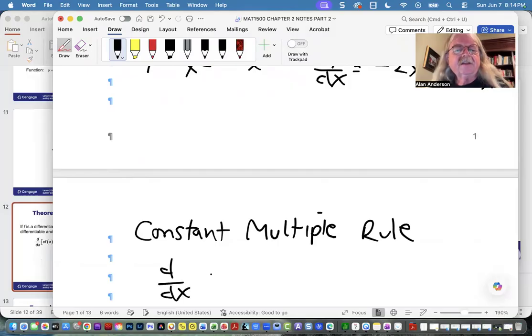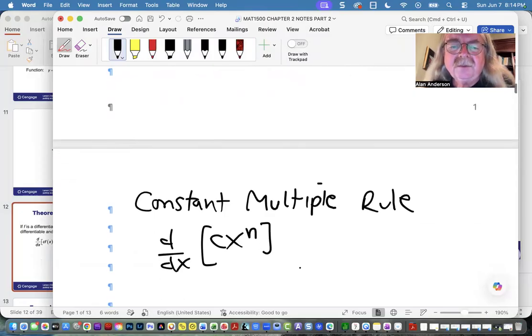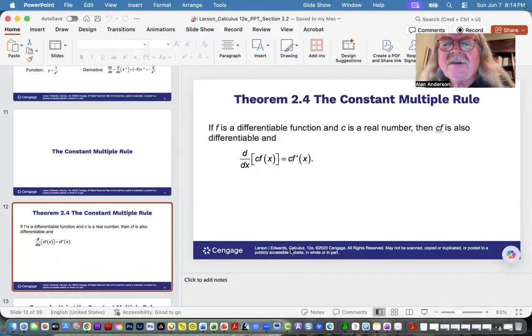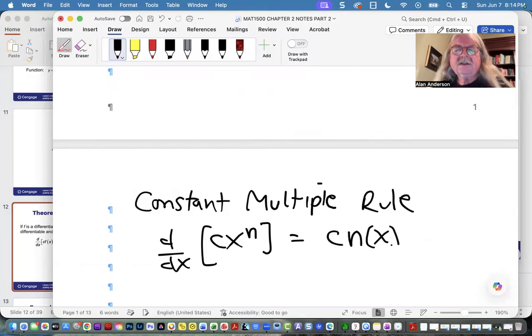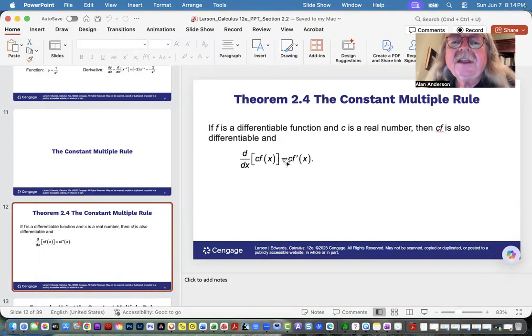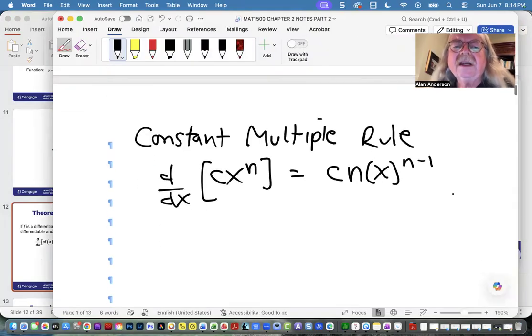If instead of x to the n we have cx to the n, where c is a constant, n is an integer, most likely. The n doesn't have to be an integer, but it often is. Then the derivative is c times n x to the n minus 1 power. Now they wrote it as c times f prime of x.